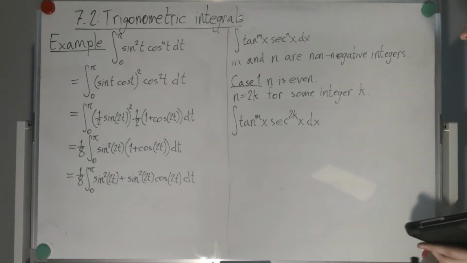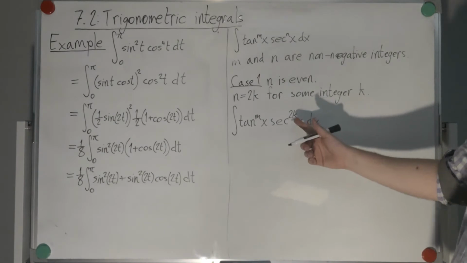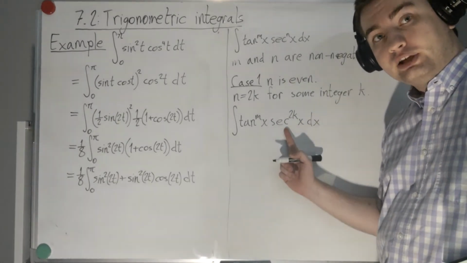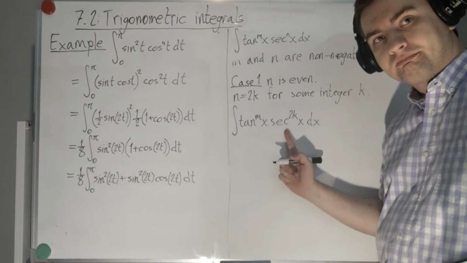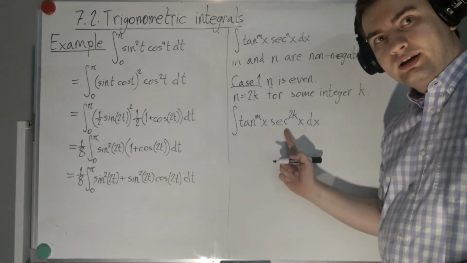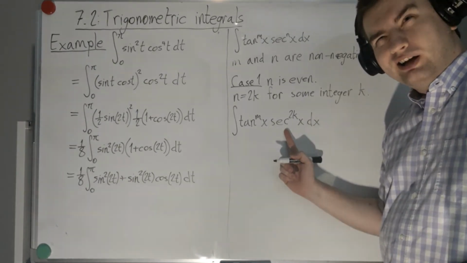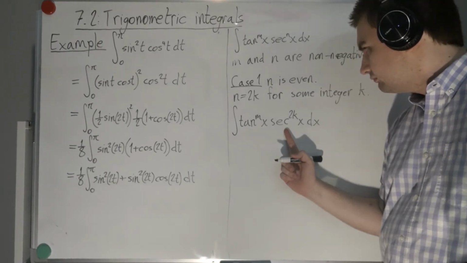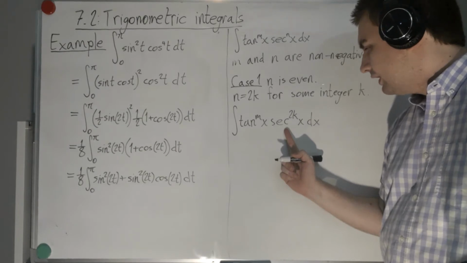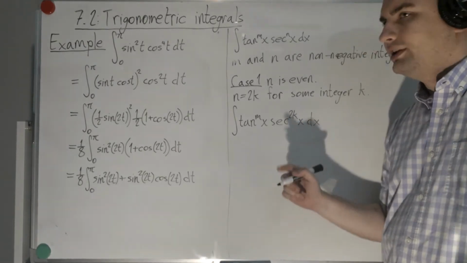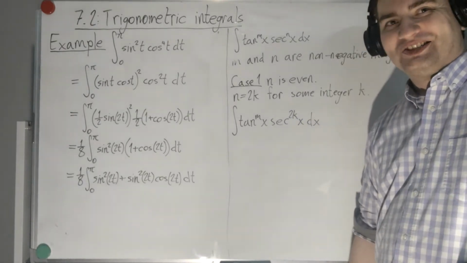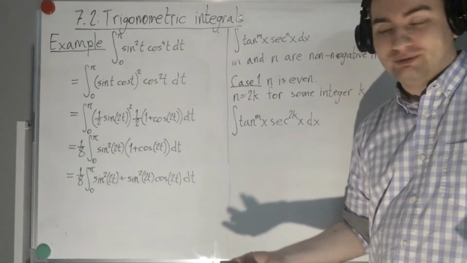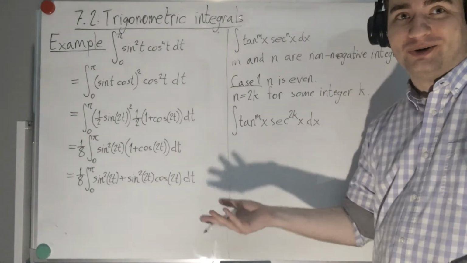All right, so now let's separate out not one but two factors of secant from this. Actually, I guess if k happens to be 0, then that doesn't make a lot of sense. So let's say k is greater than 1, in which case n is even and greater than or equal to 2.